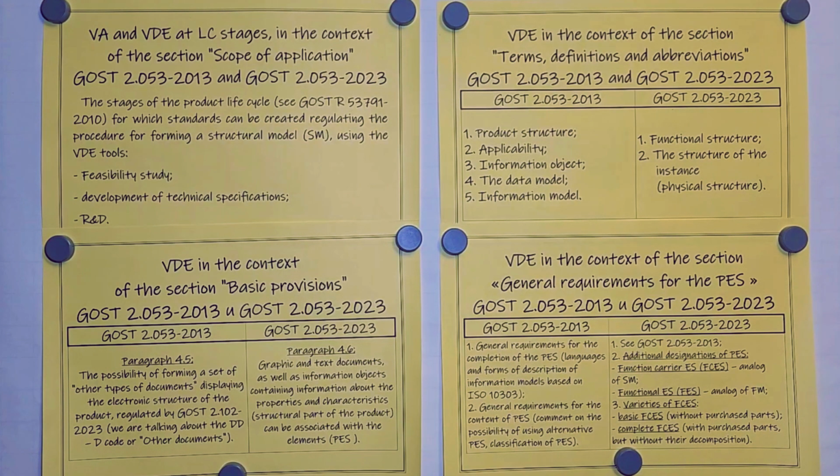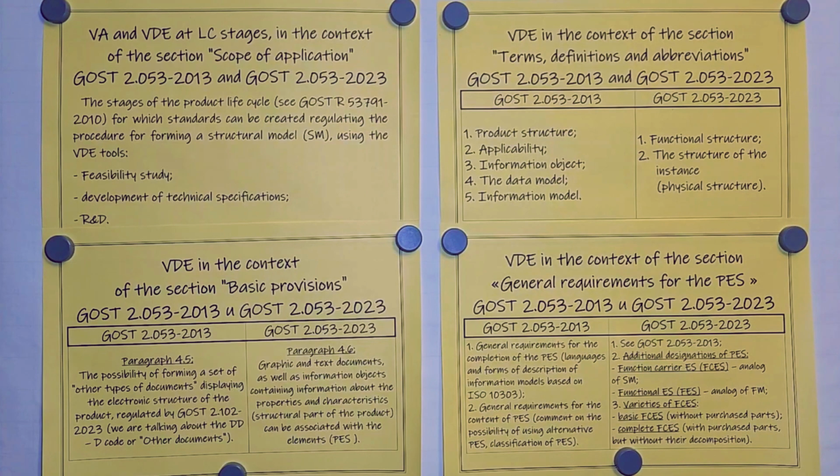With regard to the content of the scope of application section, it can be noted that in the 2013 version of the standard, it's proposed to develop standards based on it that take into account the specifics of the electronic structure of the product at various stages of the life cycle.